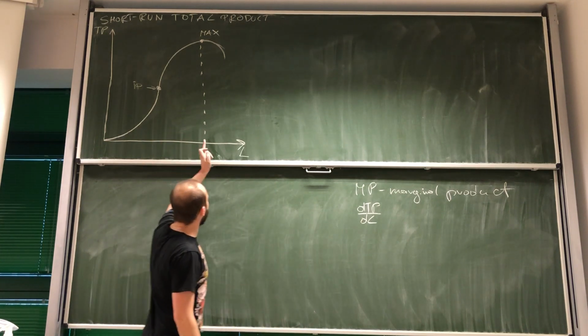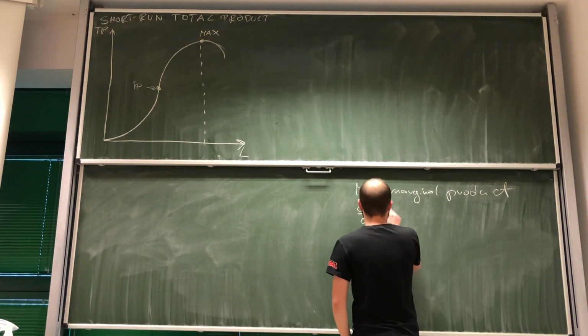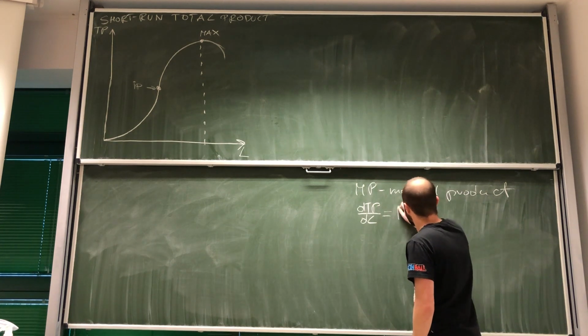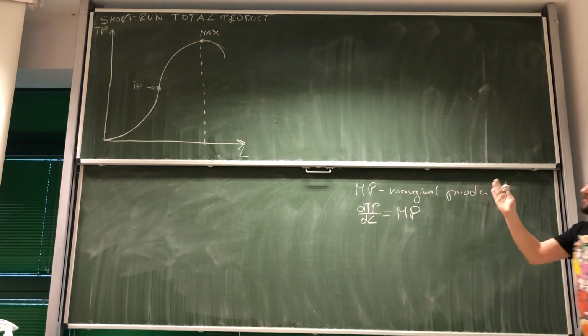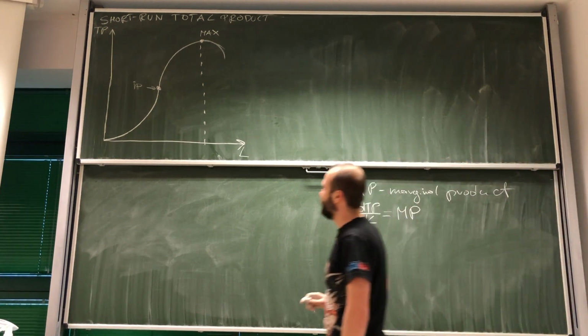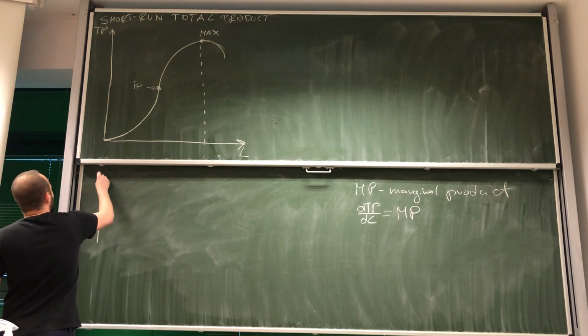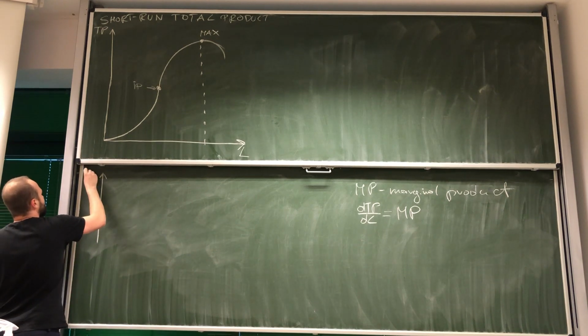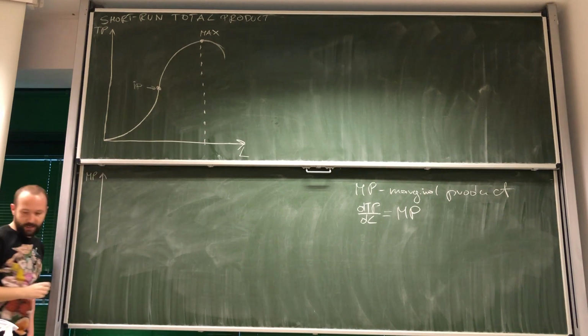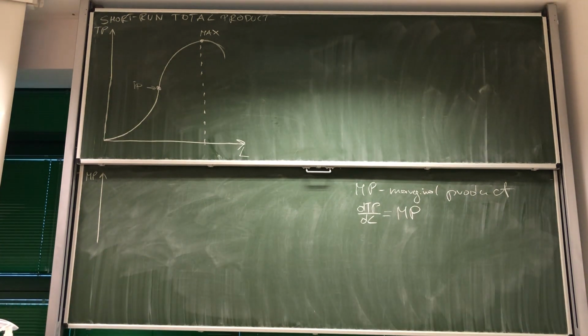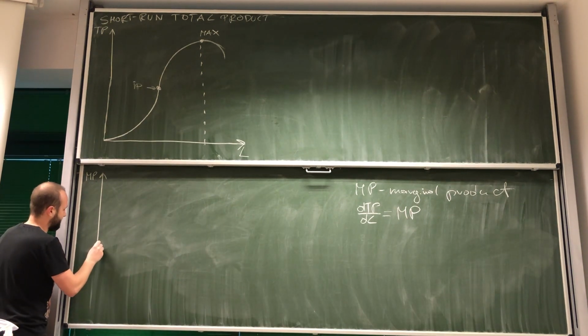Because we are increasing the number of workers in the company. So even without calculating the derivative over here, we can basically guess how marginal product should look.